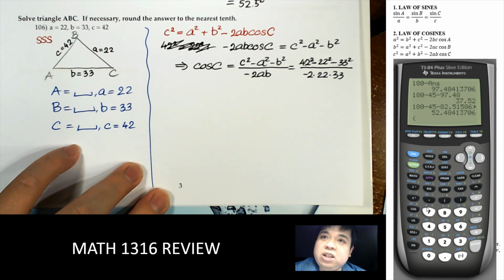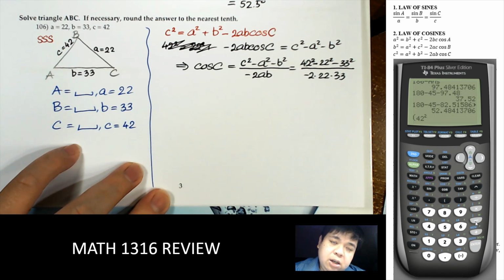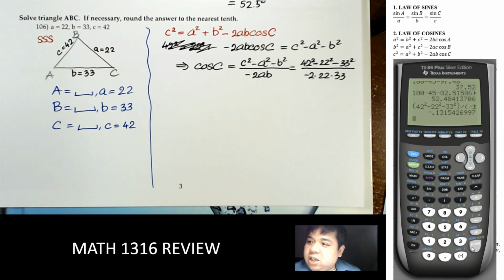I just put the parentheses here. 42 squared minus 22 squared minus 33 squared, divided by negative 2 times 22 times 33, and we'll have negative 0.13, and then we will take the inverse of cosine.